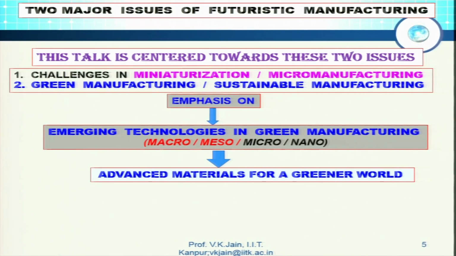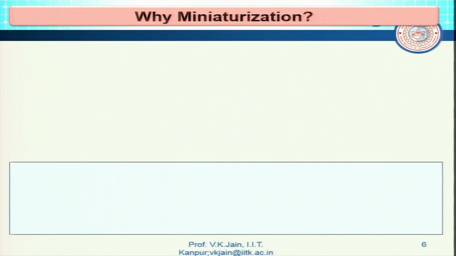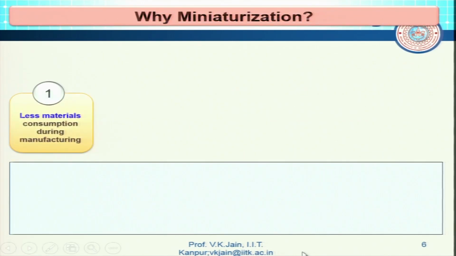Advanced materials for a greener world are being developed, and emphasis by different countries is being given on advanced materials for a greener world. Why miniaturization? When we talk of micro and nano manufacturing or sub nano manufacturing, there is definitely miniaturization. Why do you need miniaturization? This slide is repeated.